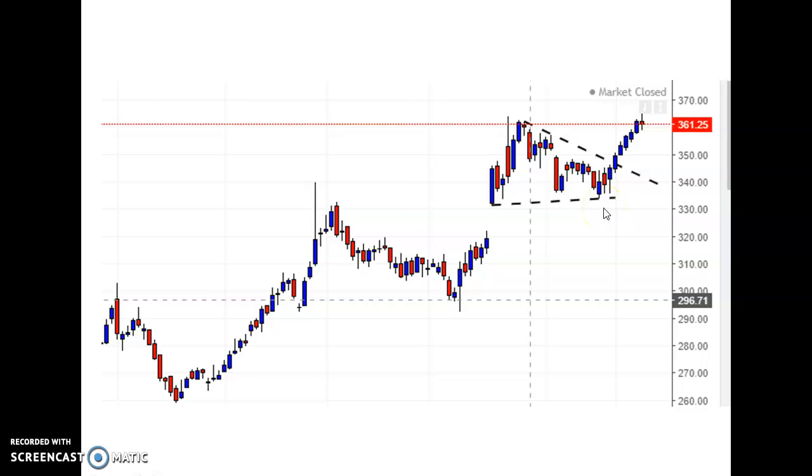It is not exact; a little bit of ups and downs is also acceptable, and you cannot expect exactly the same levels. If you observe here, this is around the 338 level, and here it is 336. So it is around 332 and 332 in that area, so it is almost a double bottom.